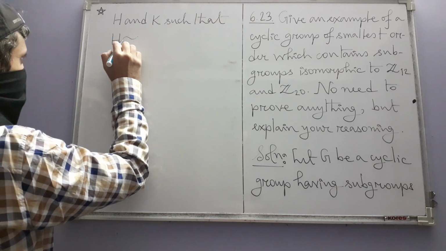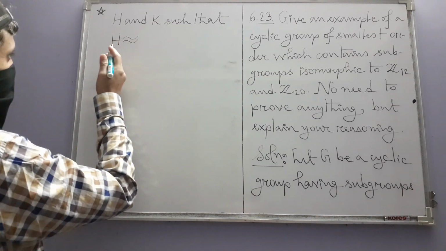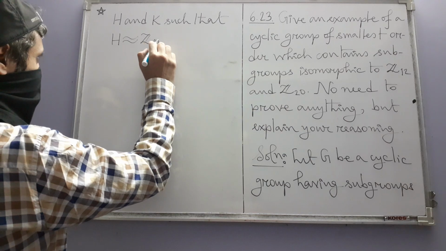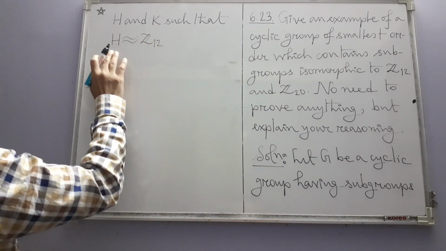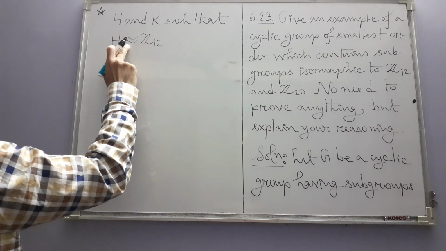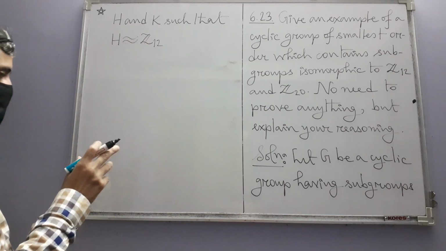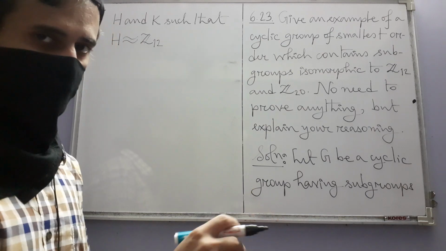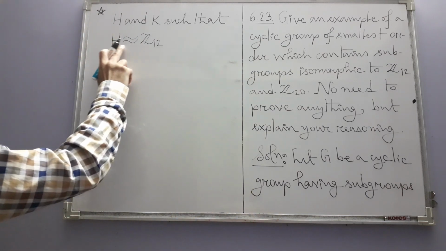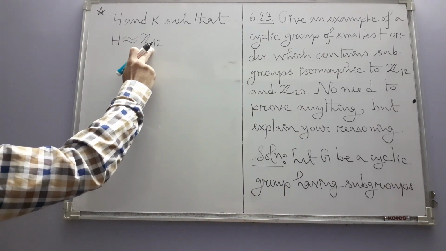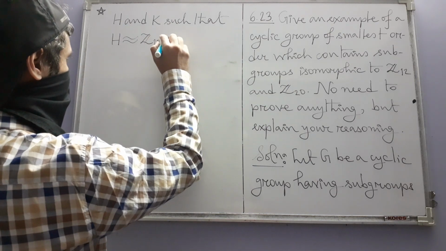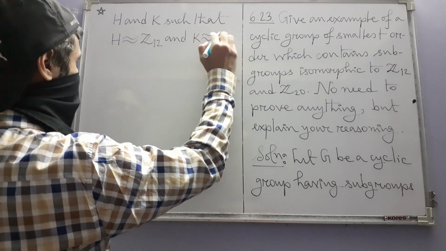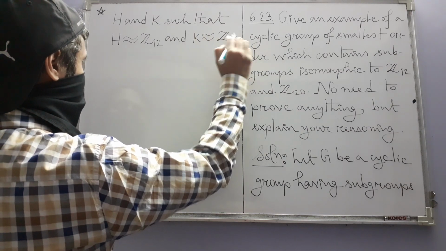H is isomorphic to Z12. I am using this symbol to denote the fact that these two groups are isomorphic. I don't exactly remember what symbol is being used in this text, but by this I mean that these two groups are isomorphic to each other, and K is isomorphic to Z20.